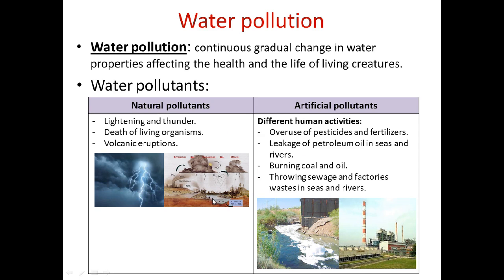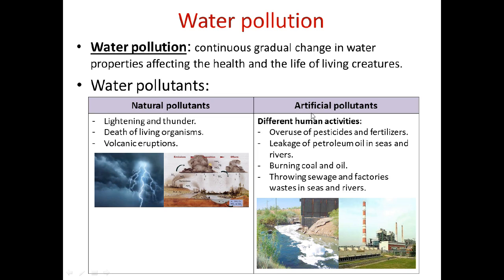Natural causes like lightning cause acidic rains, which are produced from mixing harmful gases like nitrogen oxide with the rains, forming acidic rains which are very harmful to the soil and plants. So, the natural causes are lightning and thunder, death of living organisms, and volcanic eruptions.